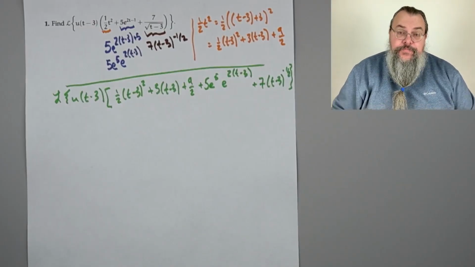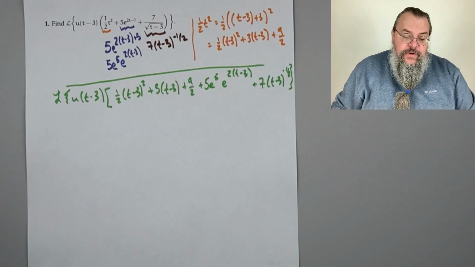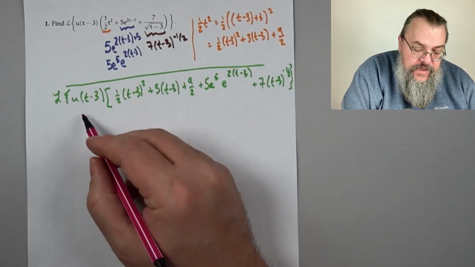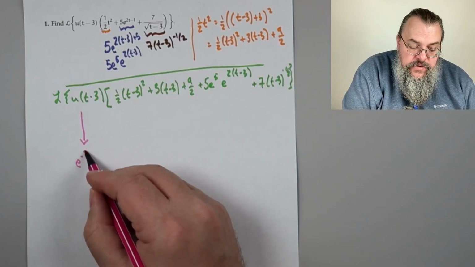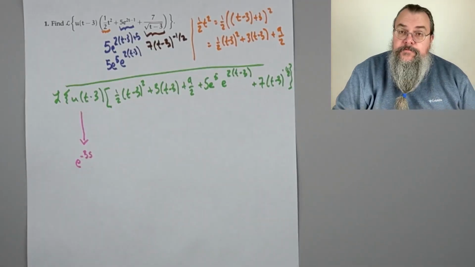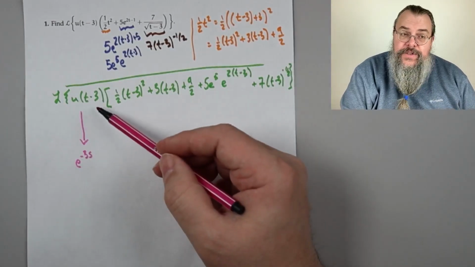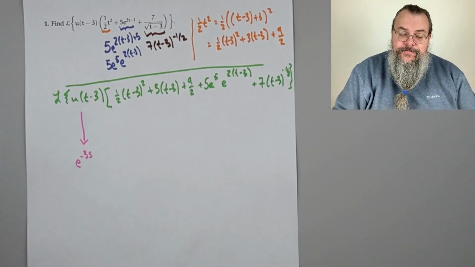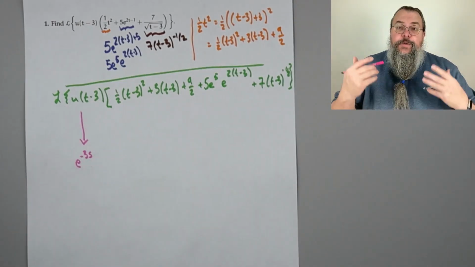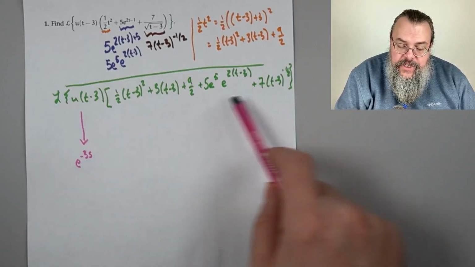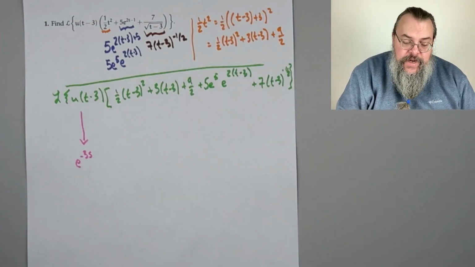All right. Well, now we're ready to say what happens. So the u of t minus 3 tells us we're going to get an e to the minus 3s, right? So u of t minus 3 becomes exponential. Now, before we do the next part, remember this piece right here, this is our f of t minus a.